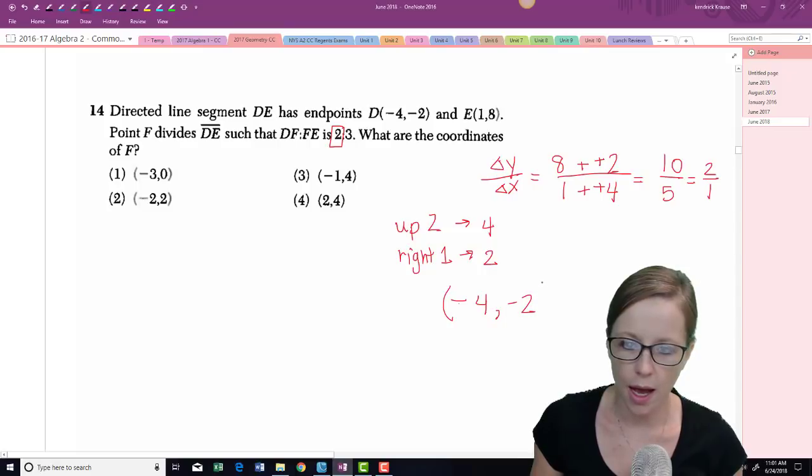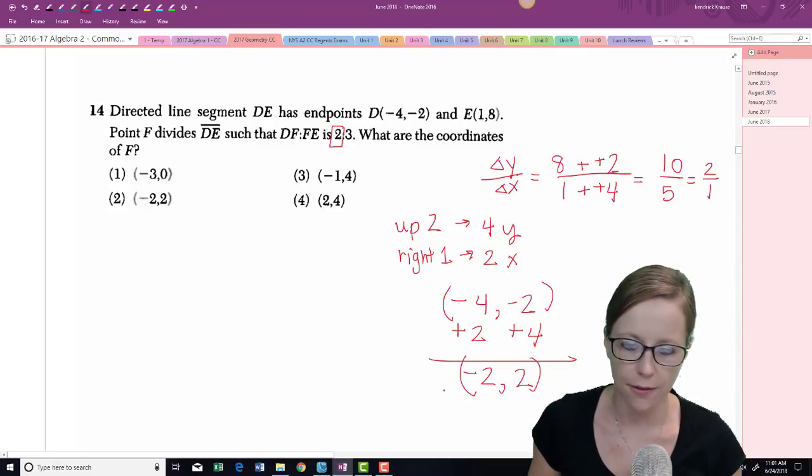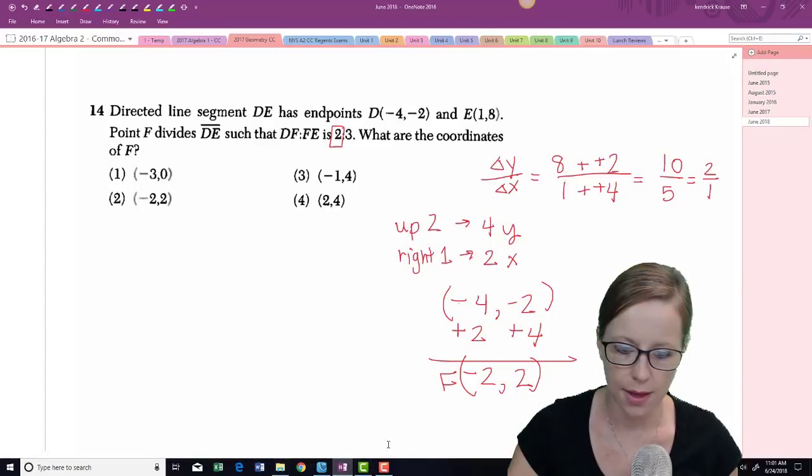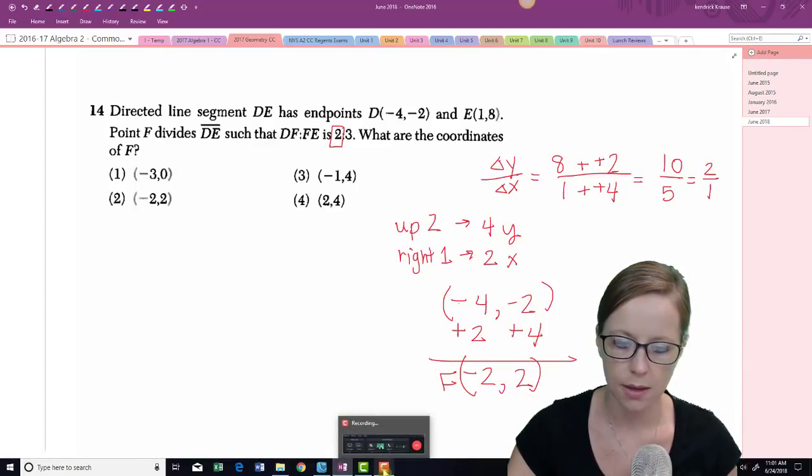Going up is the y's, and right is the x's. So I'm going up 4, right 2, which gives me -2, 2 for F.